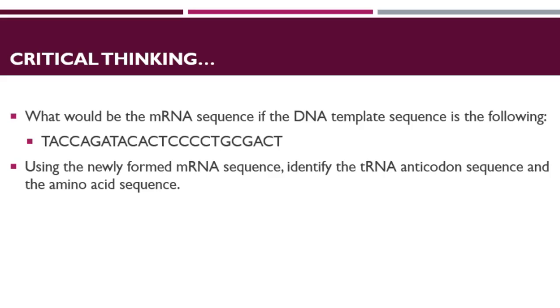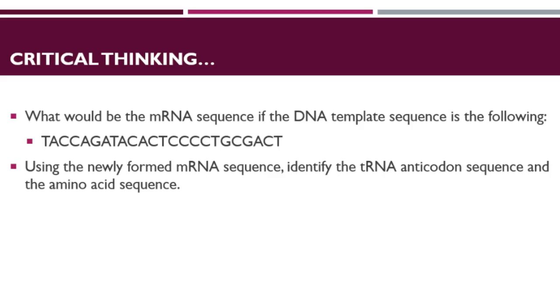If you are given this sequence as the DNA template, what would the messenger RNA sequence look like from this template? And then using the newly formed messenger RNA, identify the transfer RNA anticodon sequence and the amino acid sequence.